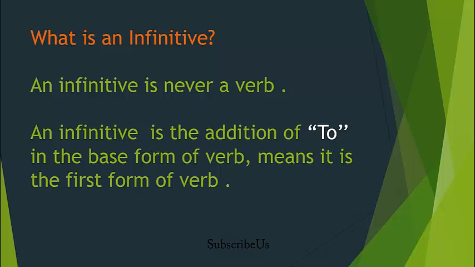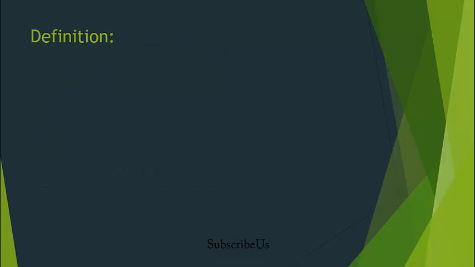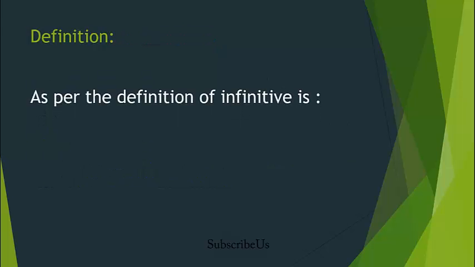Infinitive is the addition of to and the base form of the verb, meaning the first form of the verb. What is the first form of the verb with the addition of to? That is the infinitive. Alright, its definition is here.